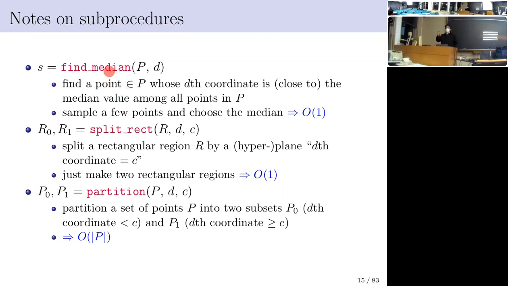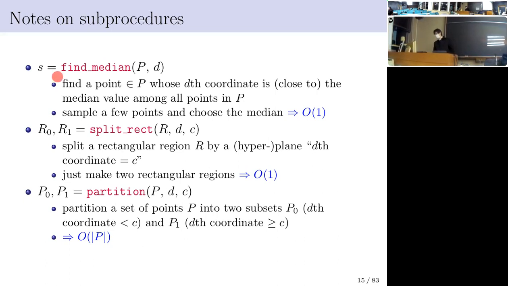So find median is simply picking a point in P. But there's a similar issue with how to choose the pivot in the quicksort algorithm. You wish to pick a point that is somehow near the center of the rectangle. Right? Not necessarily the center. We would like to pick a point for which the number of points left of it and the number of points right of it are approximately the same.